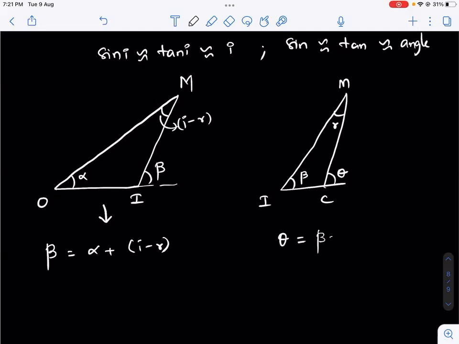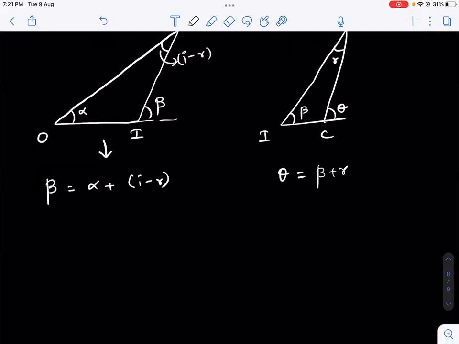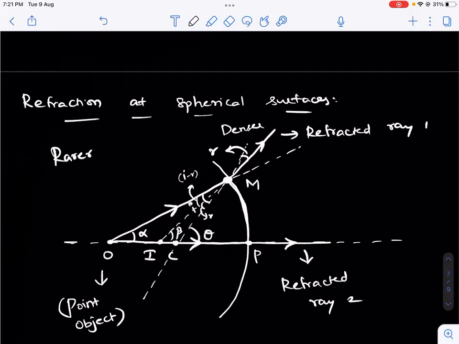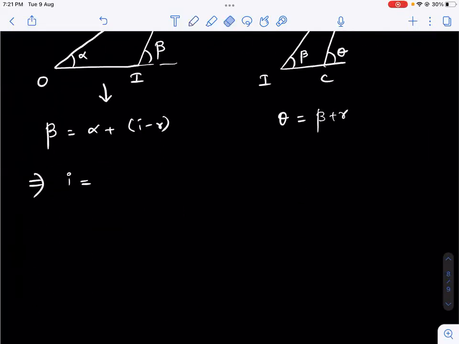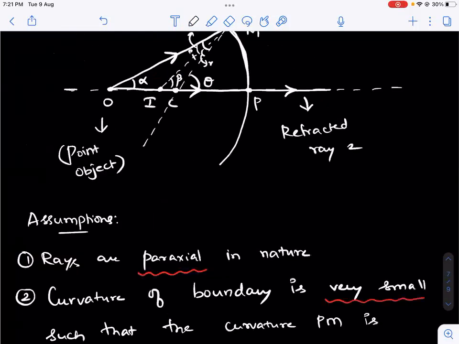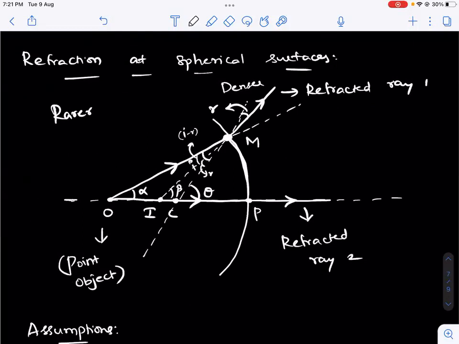Similarly, theta will be equal to beta plus R. Is that right? So from this, if I rearrange it, I get I is equal to... okay. I can find another triangle also. So what I can do is I can find the triangle OMC.